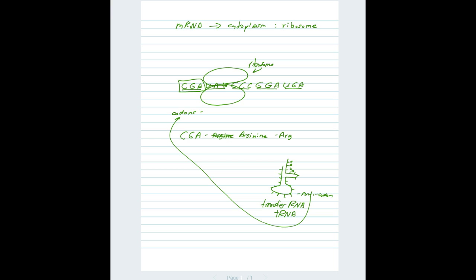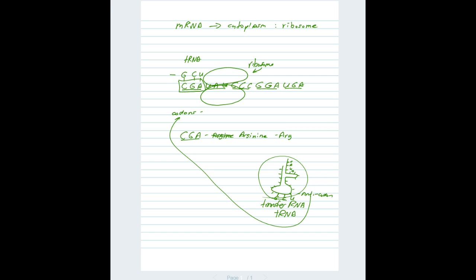So if we've got CGA as our first codon, then the opposite of that is going to be GCU, because remember, we're going from one type of RNA, messenger, to a second type of RNA, transfer. So there are no T's. So this anticodon will temporarily base pair with the codon of the messenger. So this is the transfer RNA that we just drew down here, and it temporarily base pairs with the codon.